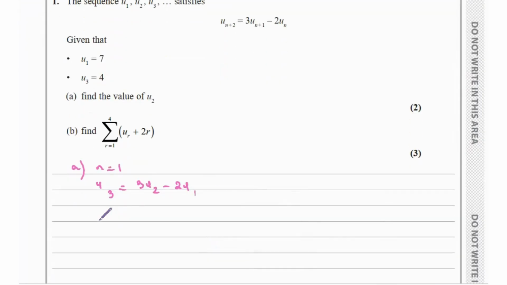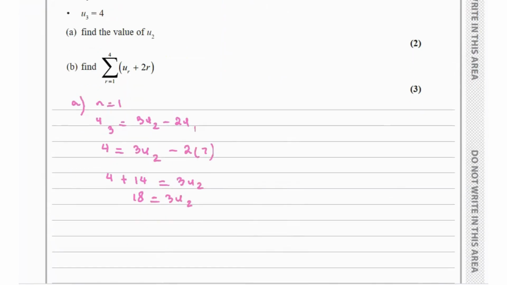We know that U3 is 4, U2 is what we're trying to find, and U1 is 7. So 4 plus 14 equals 3 U2, 18 equals 3 U2, and 6 is U2. So that's the second term.